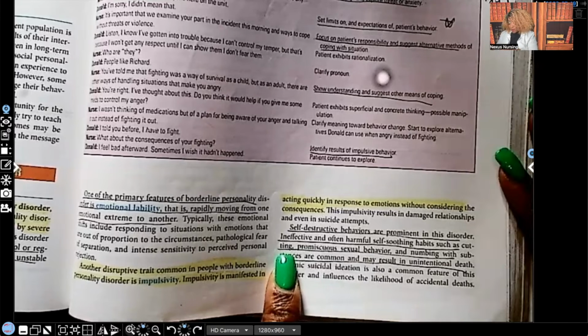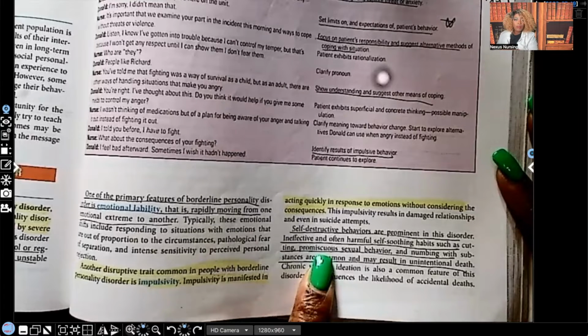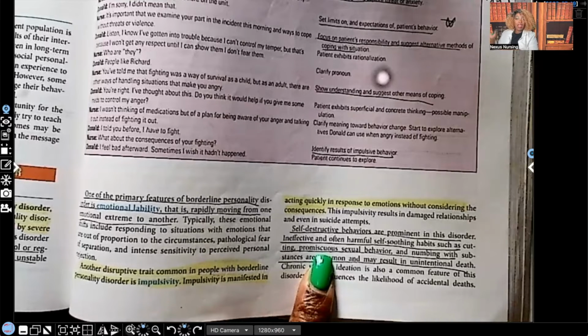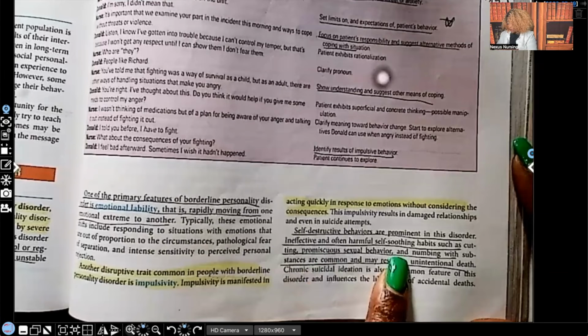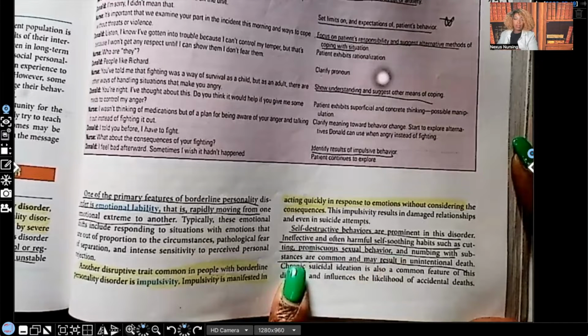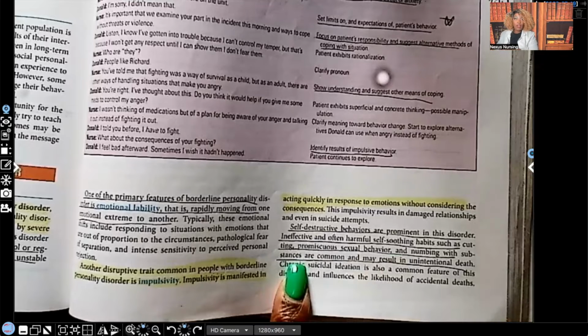Okay, cutting. Promiscuous behavior. And on top of that, risky promiscuous behavior where they don't use protection. And numbing with substances. So they try to numb their emotions with drugs.